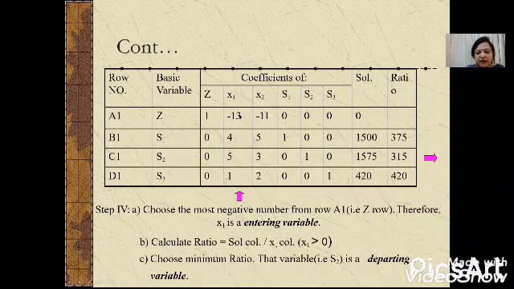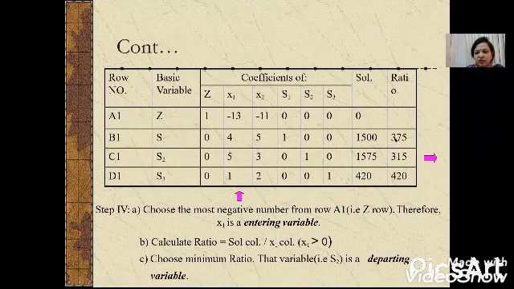Next, we calculate the ratio of the solution column to this entering column. As x1 is the entering variable, we calculate the ratio of the solution column to the x1 column.